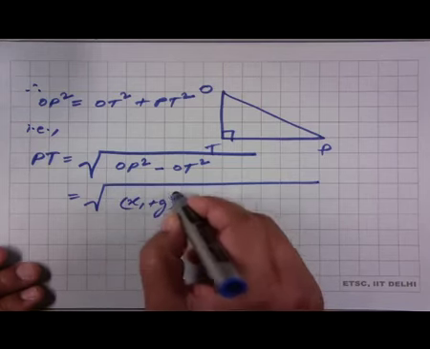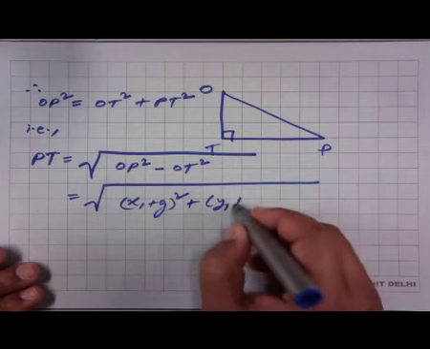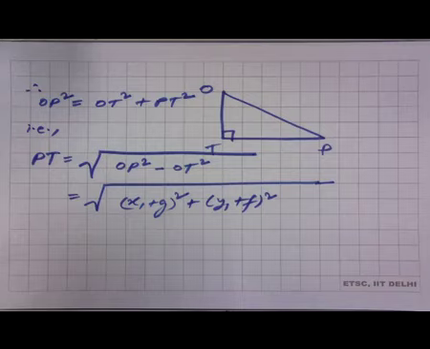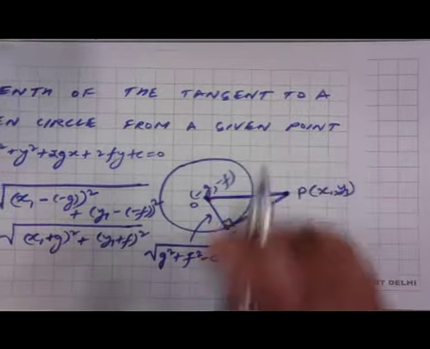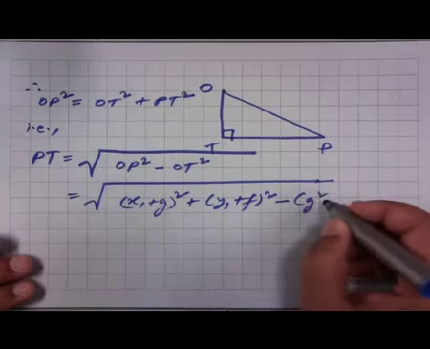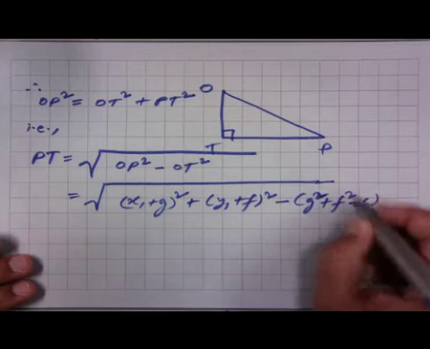So OP square will be x1 plus g whole square plus y1 plus f whole square, and OT square is the square of the radius, which is g square plus f square minus c.